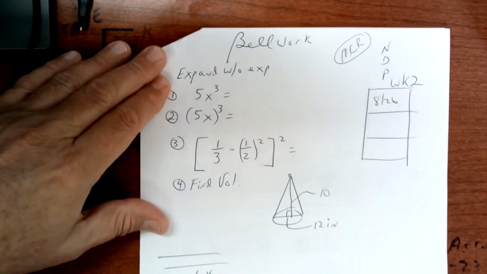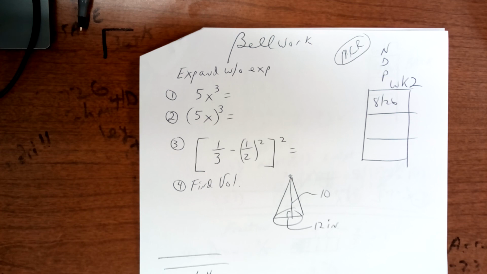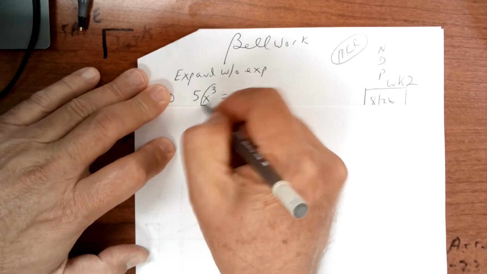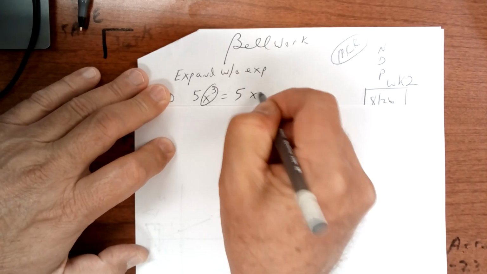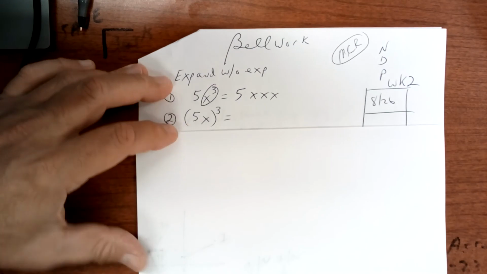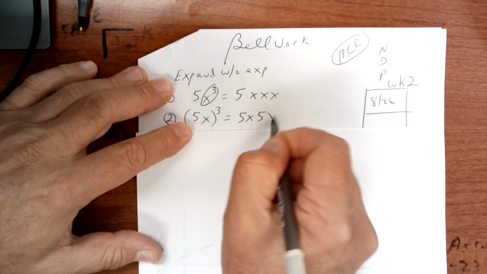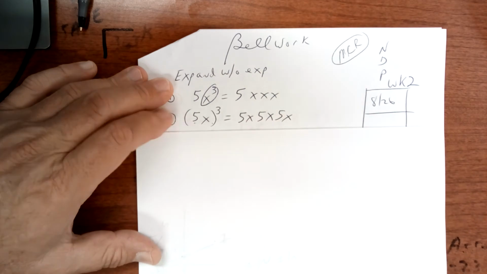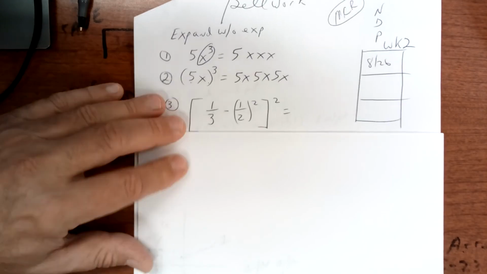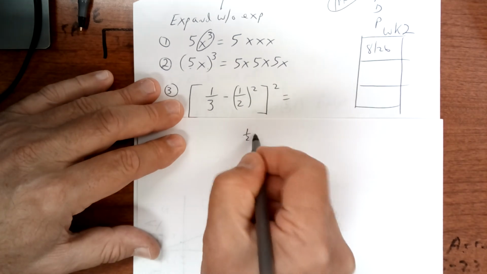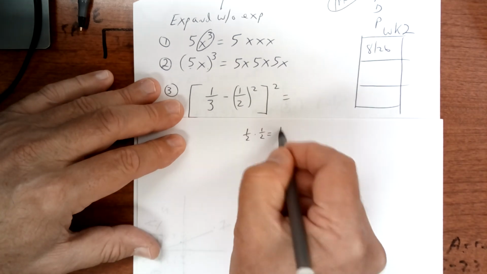All right, let's take a look now at MCR. This one right here, only the x is expanded. So it's going to be x, x, x. And then down here, the whole parentheses. So it's going to be 5x, 5x, and 5x. Okay, 3 of them. This one right here, you have to do the exponent first. So it's 1/2 times 1/2, which equals 1/4 right there.